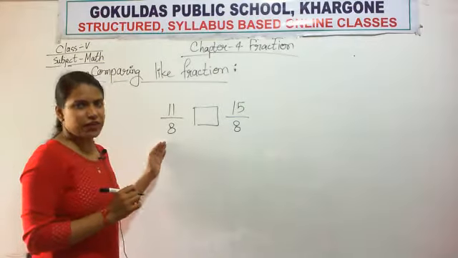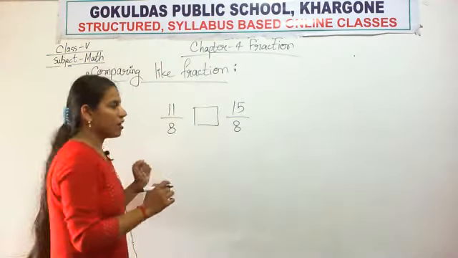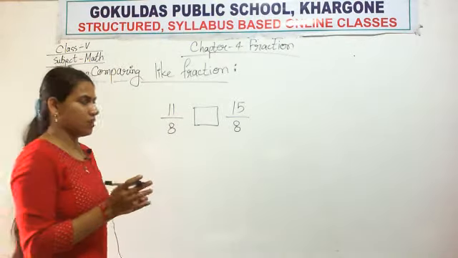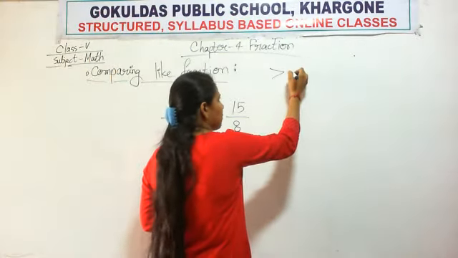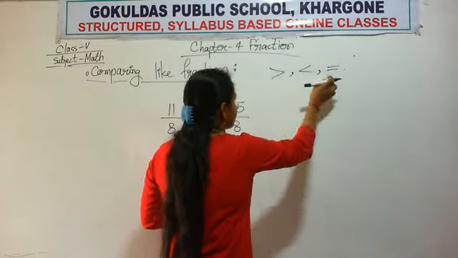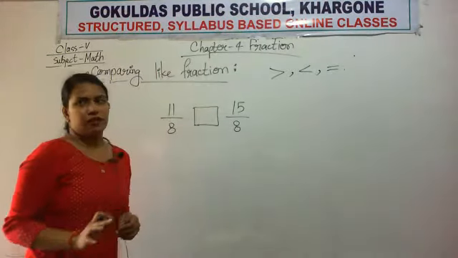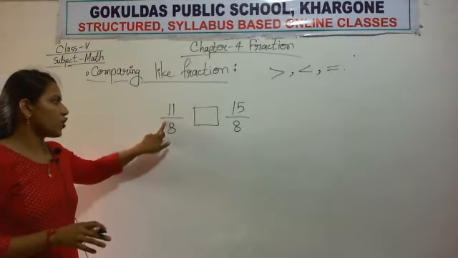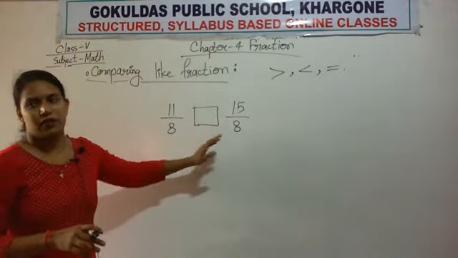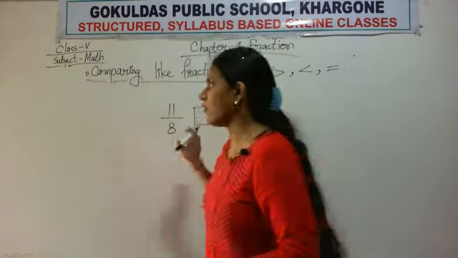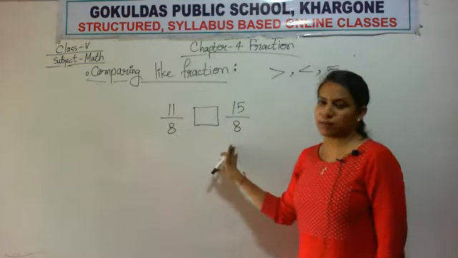11 upon 8 is a fraction, 15 upon 8 is a fraction, right? And we want to compare these fractions using a symbol. Among these three, which one will we put here? So first of all, to compare two fractions, we will check the denominators of both numbers.